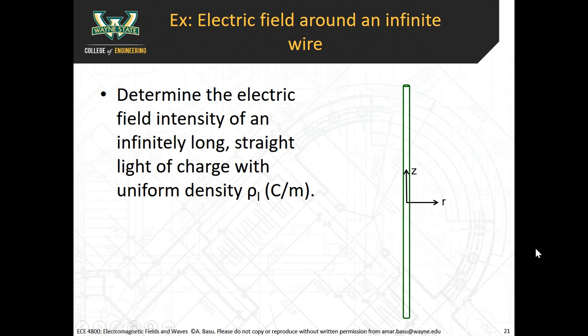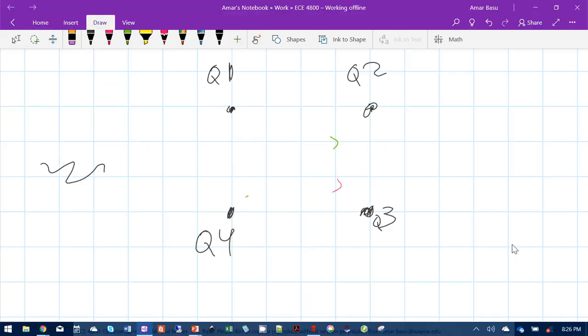Imagine that we have some kind of observation point. It's right here, and the distance to the wire is r. The question is, what is the electric field at that point? So how would we go about attacking this problem?